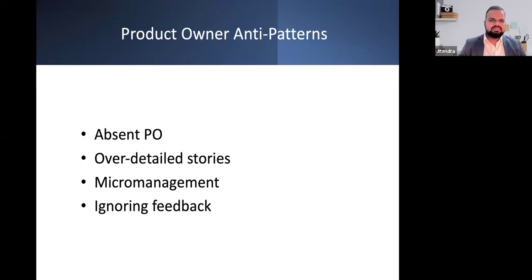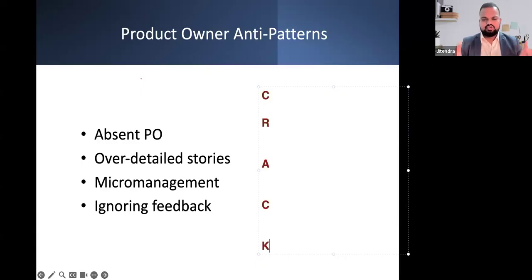Okay, so there is an acronym also used for the PO job role. And what is that? Let me write. Okay, so CRACK. Not crack as in a mental crack, I'm saying it's just an acronym to imagine, to relate with the product owner job role.